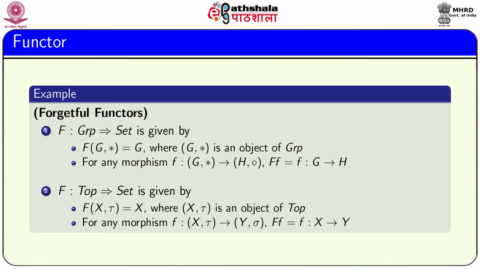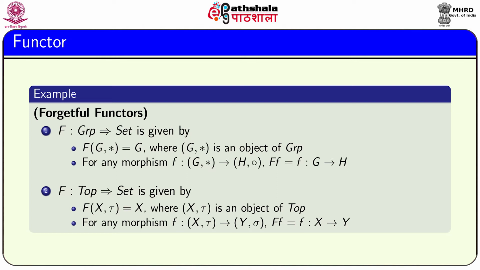This example is a very typical one. The name of the functor is forgetful functor. That means, it forgets the structure of the domain category. We want to define a functor F on the category GRP of groups and group homomorphisms to the category Set of sets and mappings.